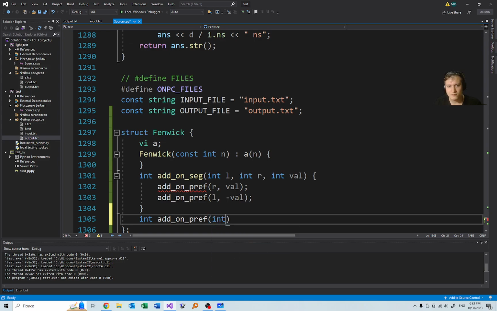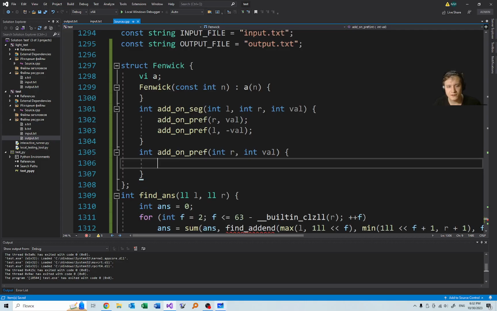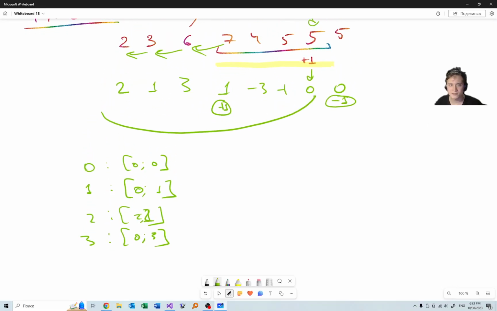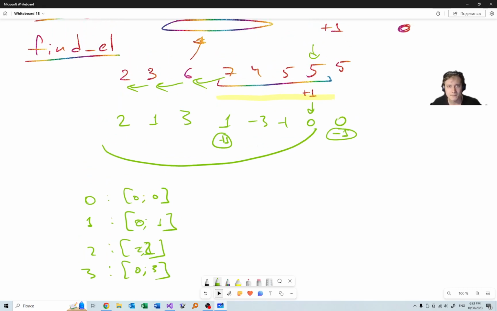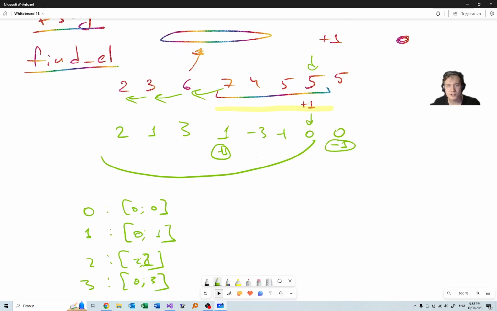Okay, so let's now write this function. How to add on prefix.